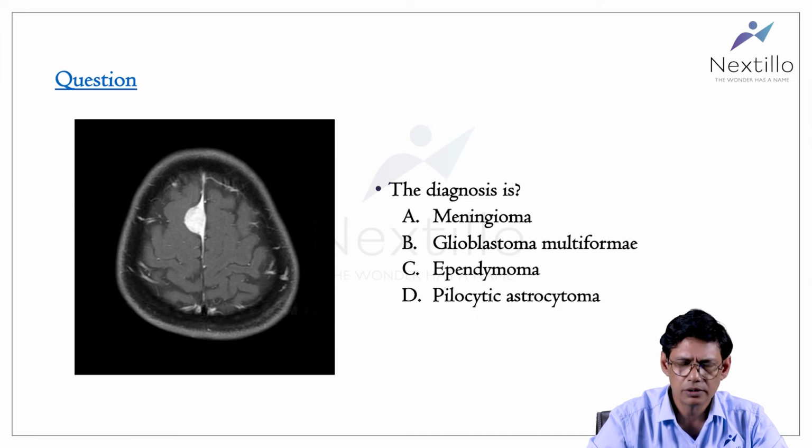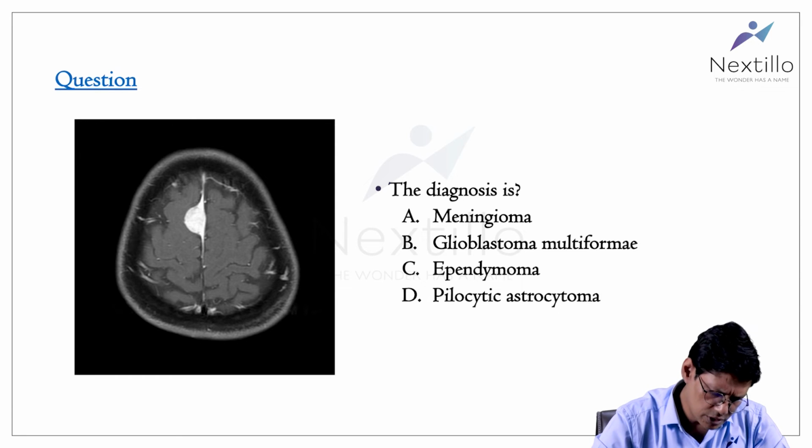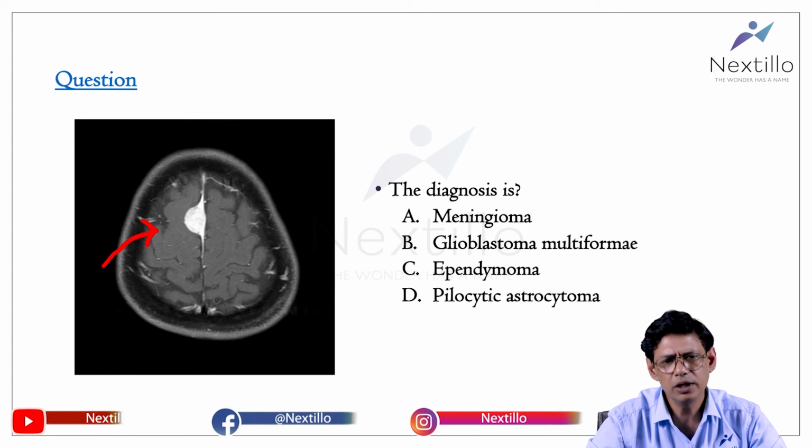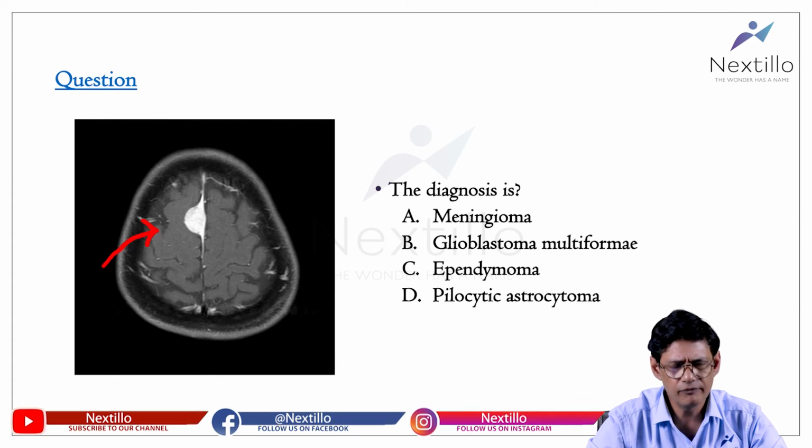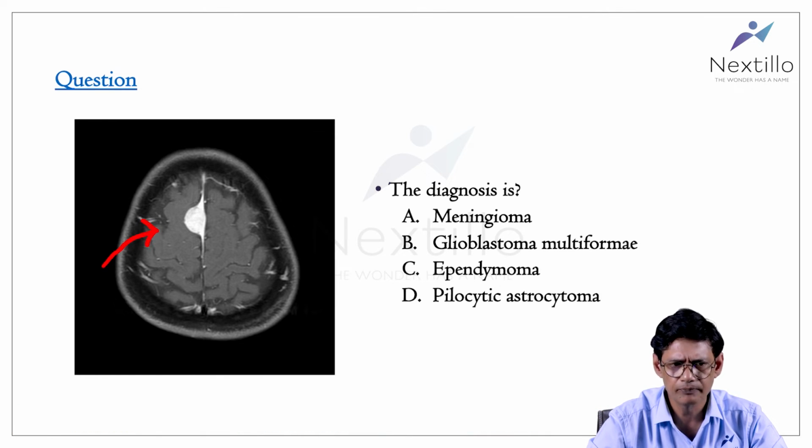Now, what is the picture that you can see here? The diagnosis is, here we see a brain tumor that is attached to the meninges. And by far, the most common meningeal brain tumor is meningioma.